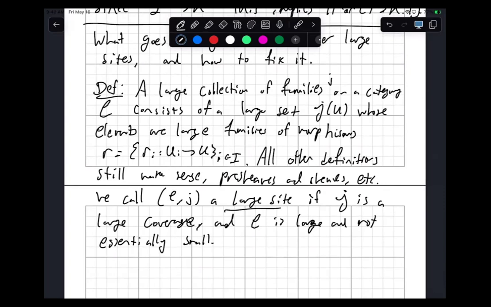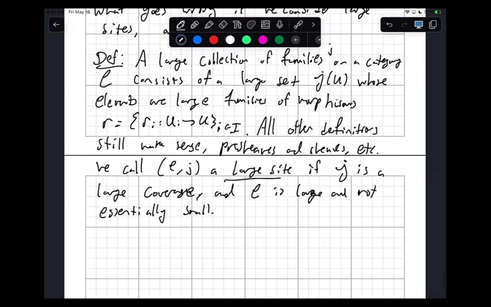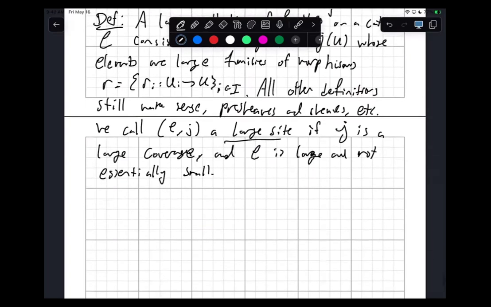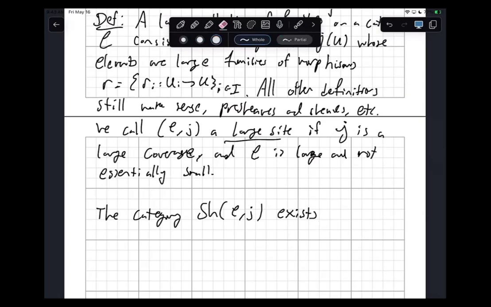Nothing has gone wrong so far. So the category of sheaves on a large site exists. Then let's see some examples of large sites.